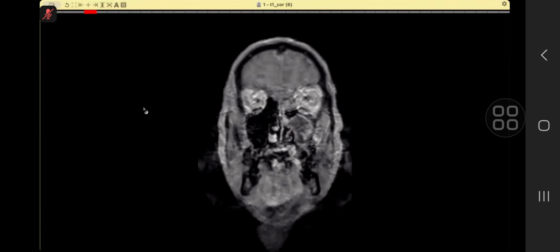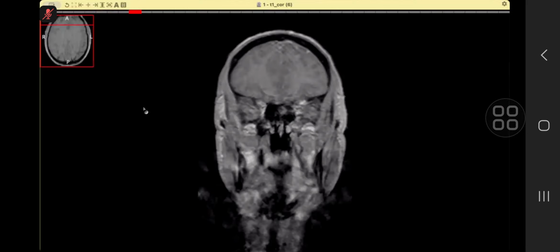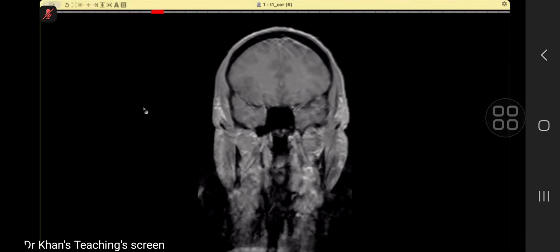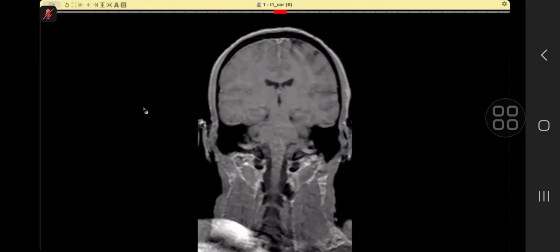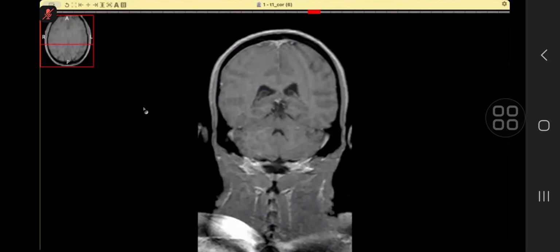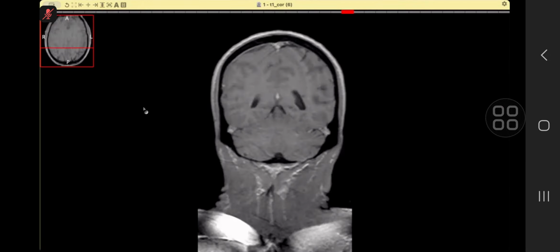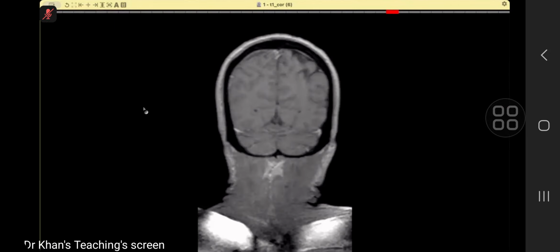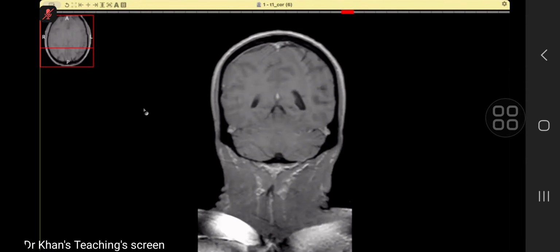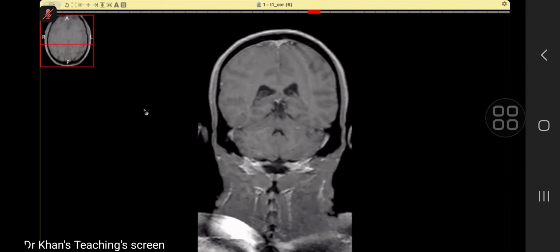Okay, this is diffusion. Sorry, this is contrast coronal. Okay, doctor, I see that there is epidural enhancement as well.